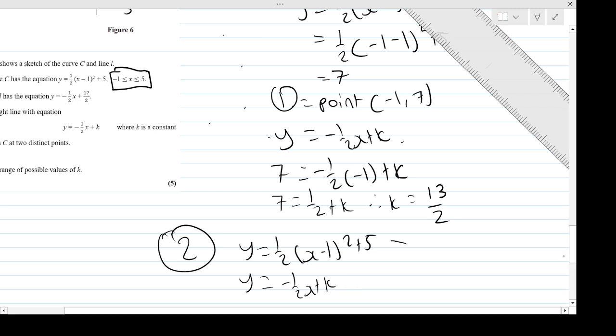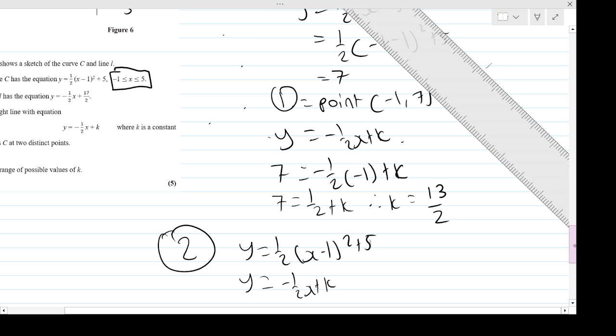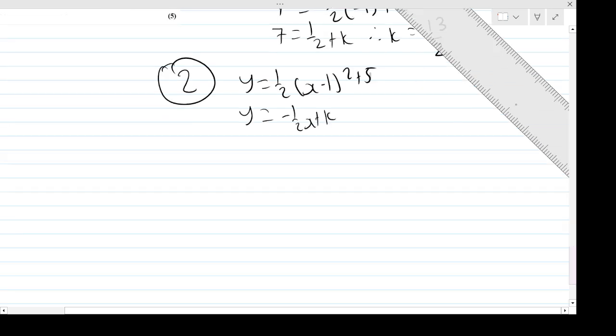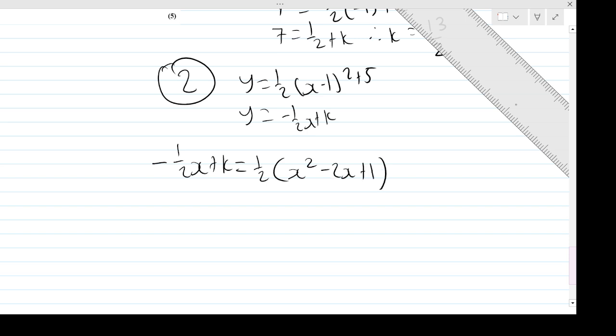And then this is the curve. So when the line crosses the curve, that gives us the intersection. That's what we're interested in. So when we put that together, that would mean we solve them simultaneously. We do look at that later on in the course as a recap, but you remember this from GCSE. We set the equations equal. So minus a half x plus k equals a half, and I'm going to expand it. x minus 1 squared, very quickly, is x squared minus 2x plus 1, plus 5.